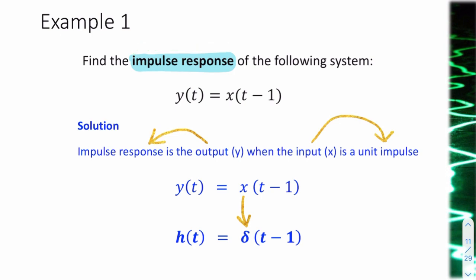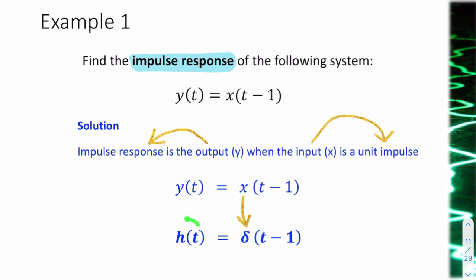Now don't try to do anything clever. The answer is really simple. Apply the definition. The definition is the impulse response is the output when the input is a unit impulse. So we just replace the input, x, with a unit impulse.